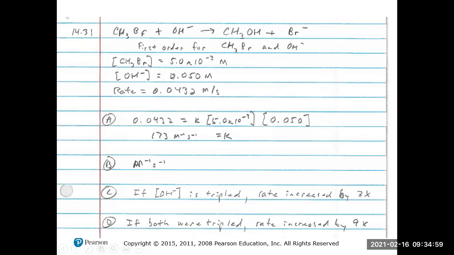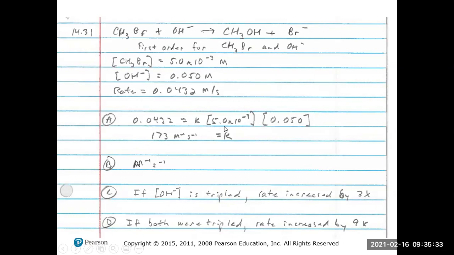So we've been given this information to set up the problem, and now we need to calculate the rate constant. Remember, the rate is equal to the rate constant times the molar concentrations of the reactants, raised to whatever power each reactant's order is. We were told the rate under these conditions is 0.432. The rate constant is what we're trying to find.